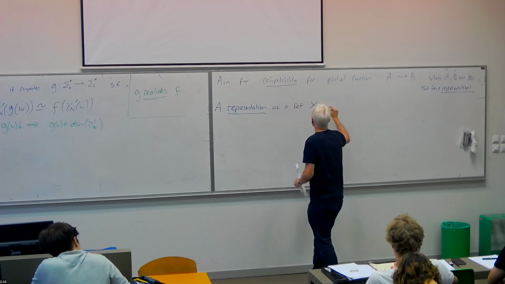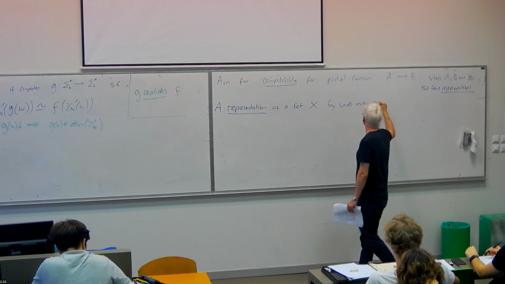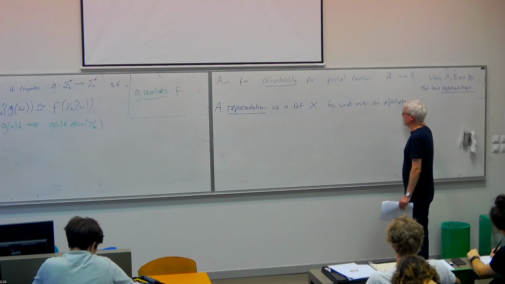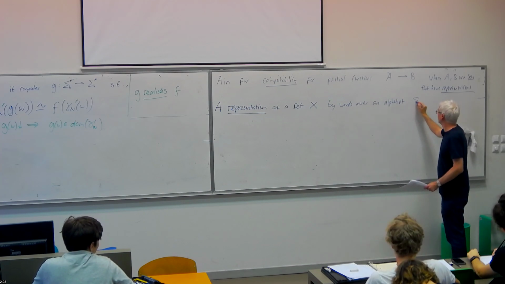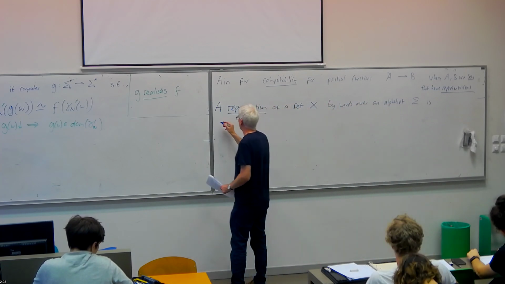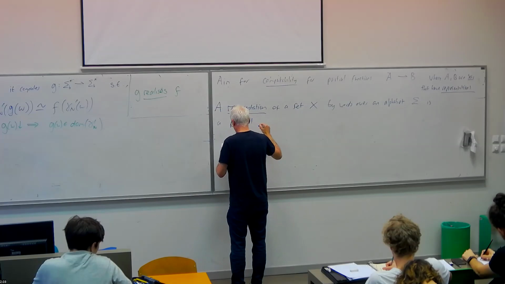Okay, so a representation of a set X by words over an alphabet sigma. So alphabets are always assumed to be finite sets of symbols. It's simply a partial surjective function.